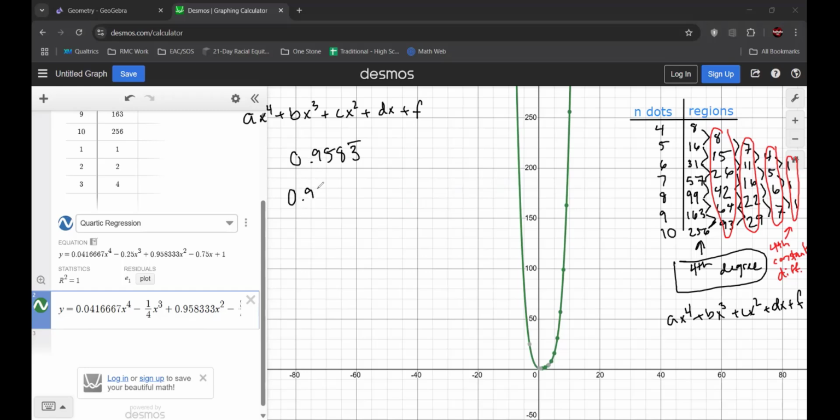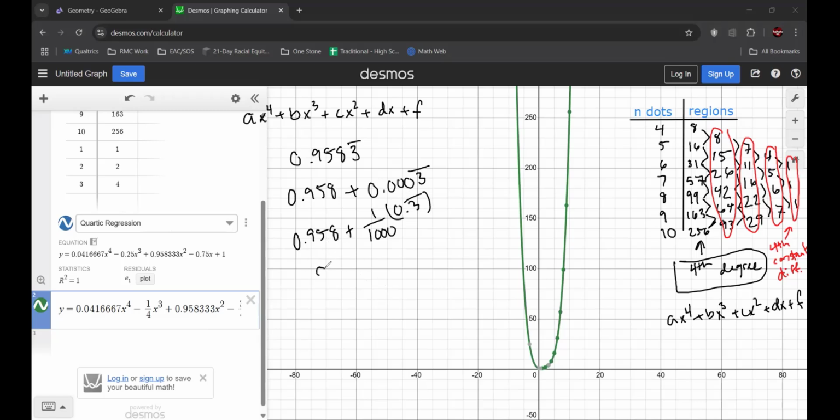So 0.958, I'm going to break this up, that part's not repeating. This is actually the same thing. If I have 3 zeros here, that means I took 0.3 repeating and I divided by 1,000, and I still have that 0.958 over here. And I know 0.3 repeating is 1/3.